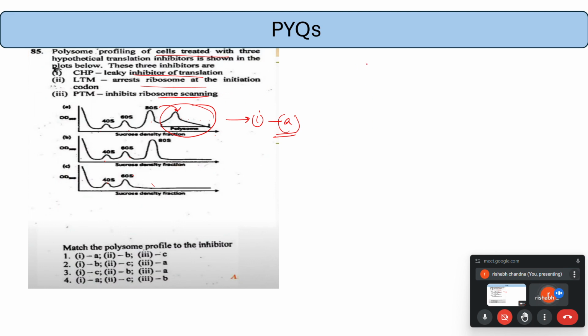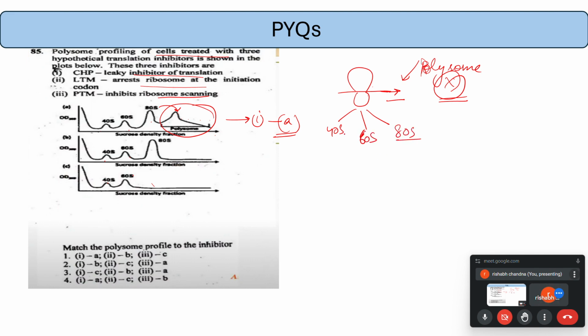If the ribosome is bound to this particular mRNA, it will not be able to move forward. Hence, polyribosomes will not be formed. Here only three fractions would be there: 40S, 60S, and 80S. So the second option corresponds to B.